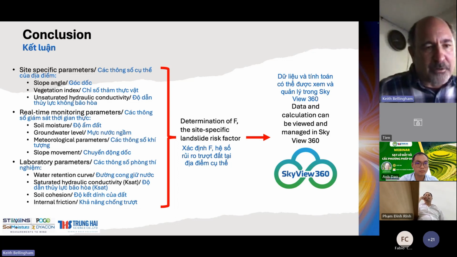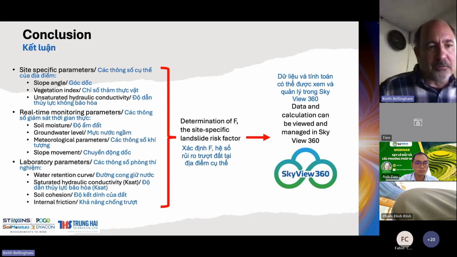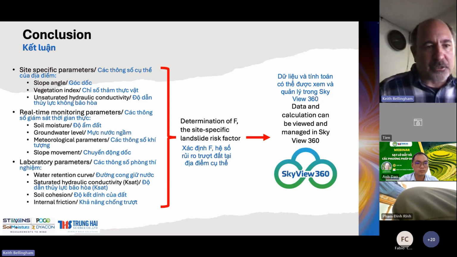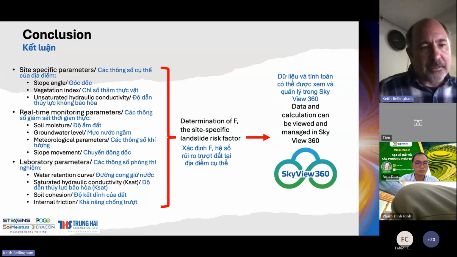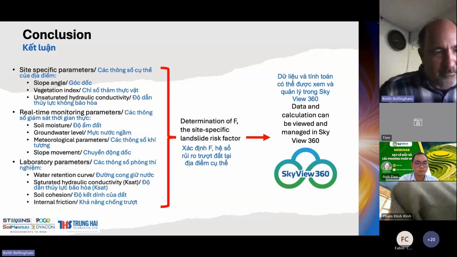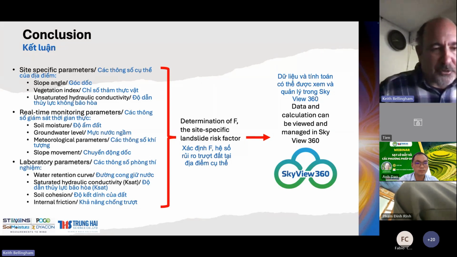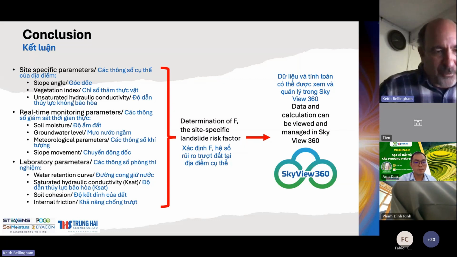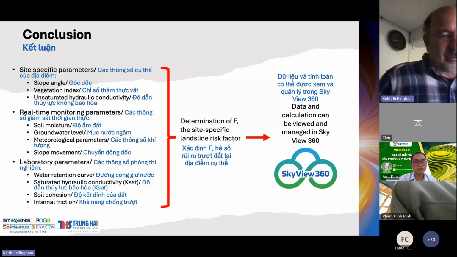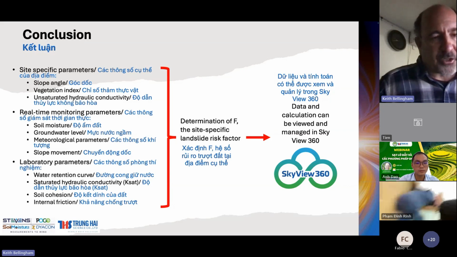Real-time monitoring parameters would include soil moisture, groundwater level, and meteorological parameters for the measurement of rain and evapotranspiration, as well as the slope movement sensor from the extensometer. The laboratory parameters would include the geotechnical parameters such as the soil cohesion and the internal friction angle, and of course the saturated hydraulic conductivity along with the soil water retention curve.